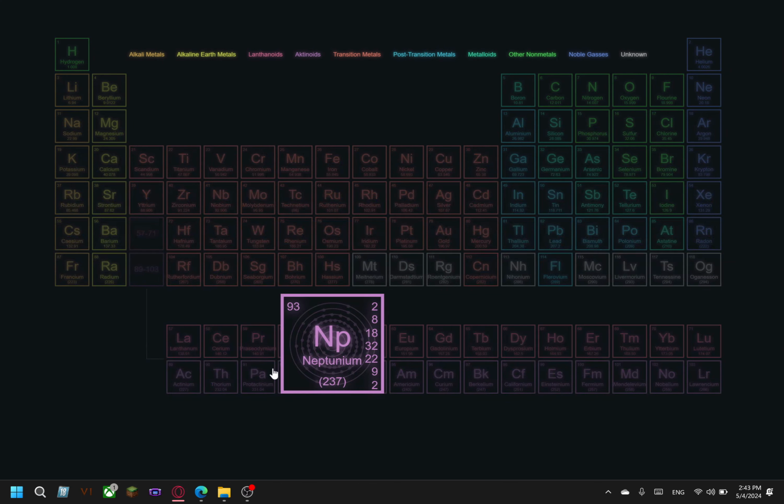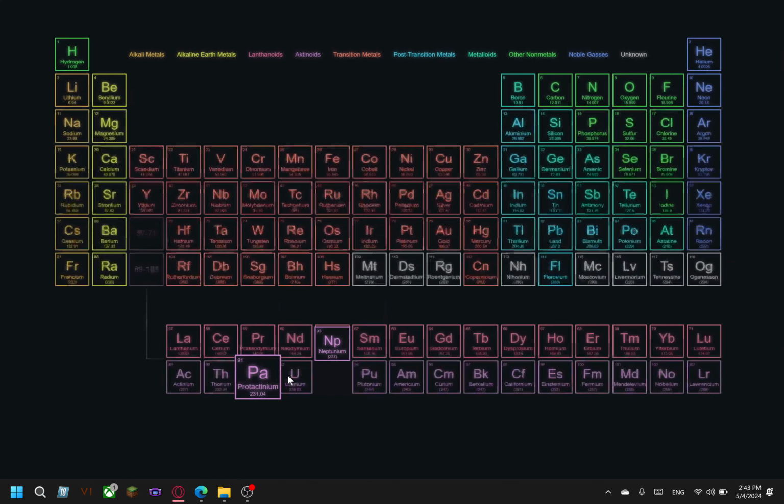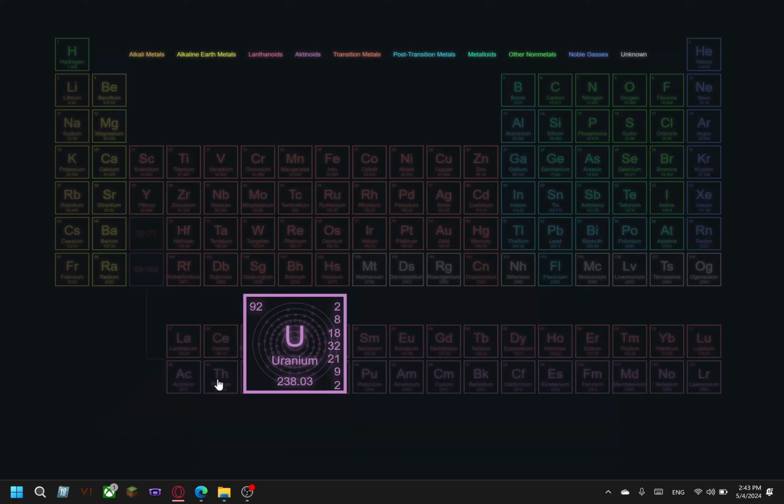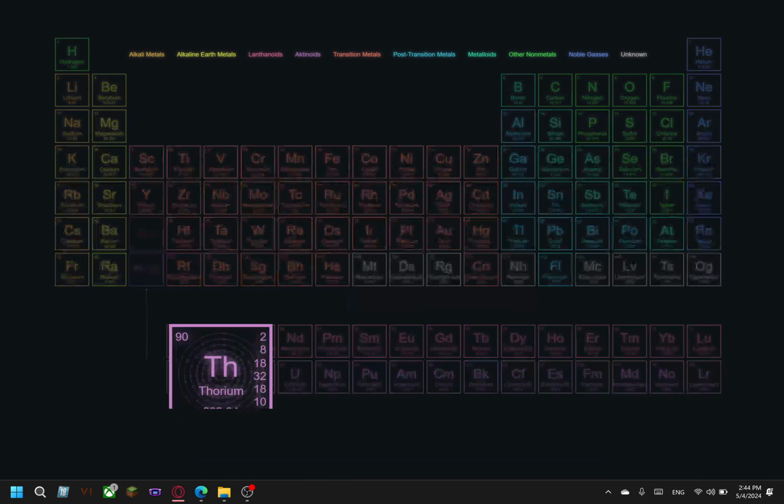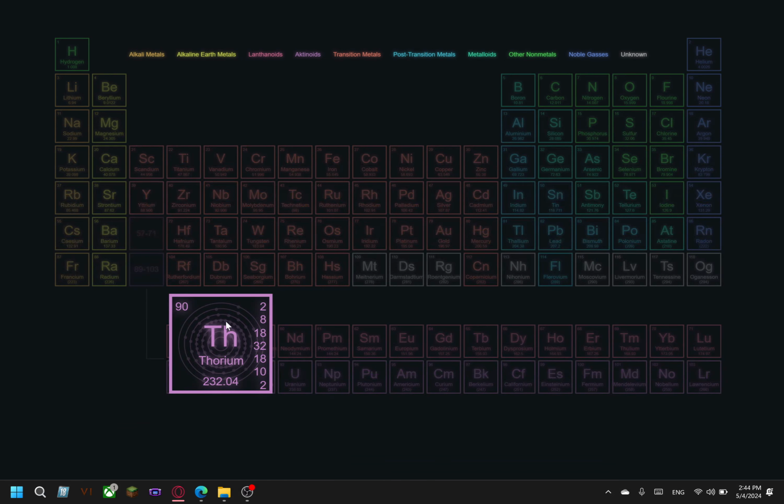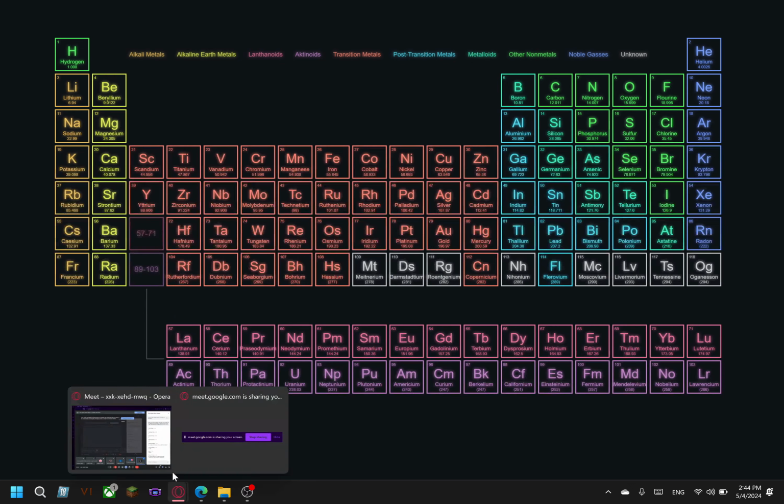And the alpha decay of uranium should give us thorium, but obviously the mass number decreases by around 4, while the atomic number decreases by 2.